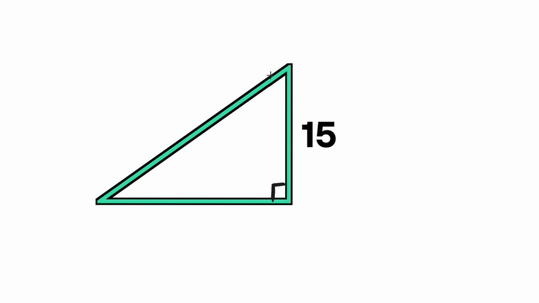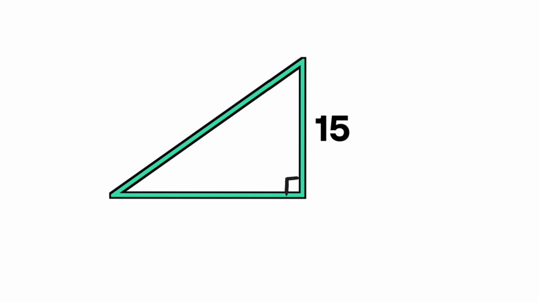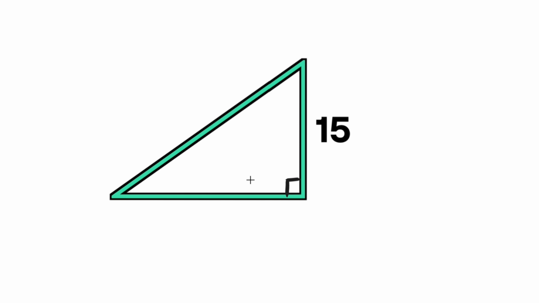The other leg and the hypotenuse are unknown, but there is an important condition. All three side lengths must be positive integers. So, our goal is to determine exactly how many such triangles are possible and find all of their side lengths.